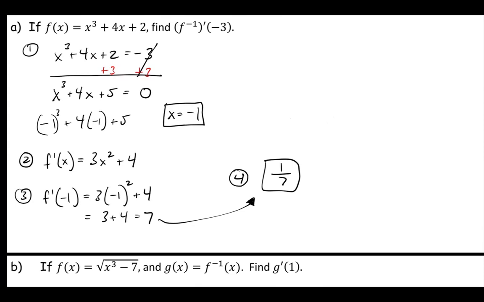Here's the thing. We're going to do one more problem and then we'll be done. But first, here's the thing about these inverse function derivative problems. I'll be honest with you guys. If you look at any AP test, and there's 50 something questions on it, you'll find maybe one of these on there. Maybe one. I've seen some tests where there's 0.